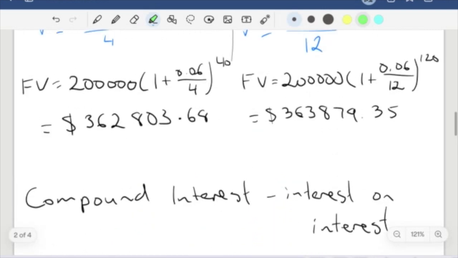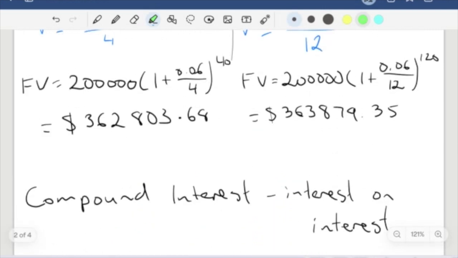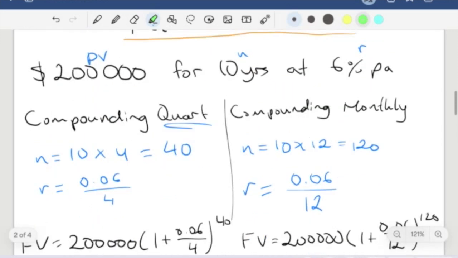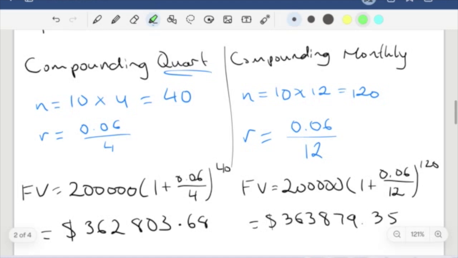What is happening here is that even though the rate and the initial number of compounding periods are the same, the thing on the right hand side is compounding far more times. Sure, it's at a lower rate because we're dividing by 12 instead of 4, but this whole snowball effect of interest on top of interest is happening a lot more when we compound monthly as opposed to quarterly.